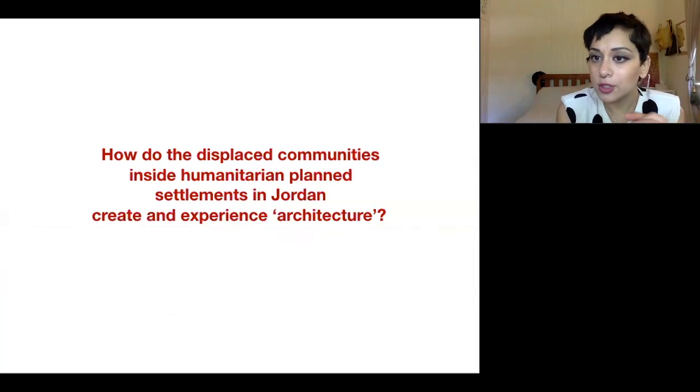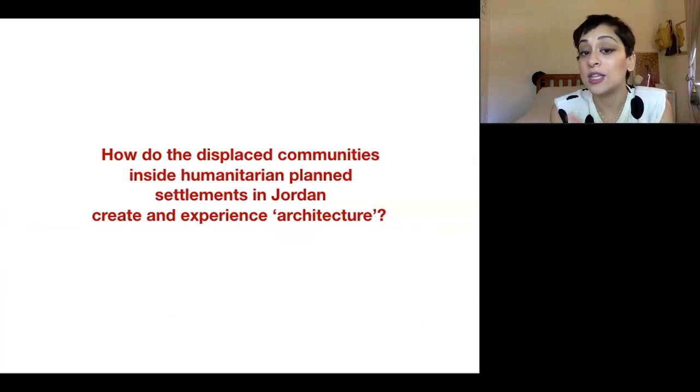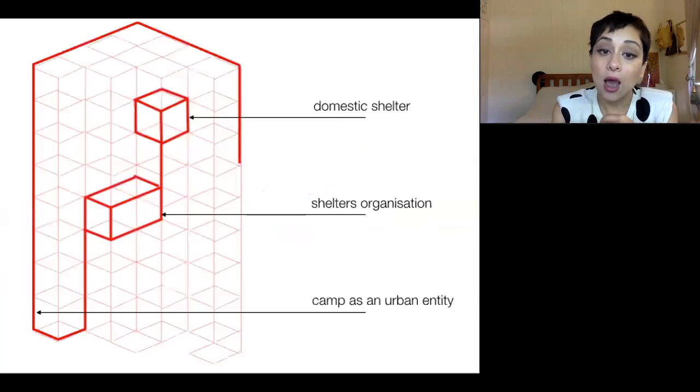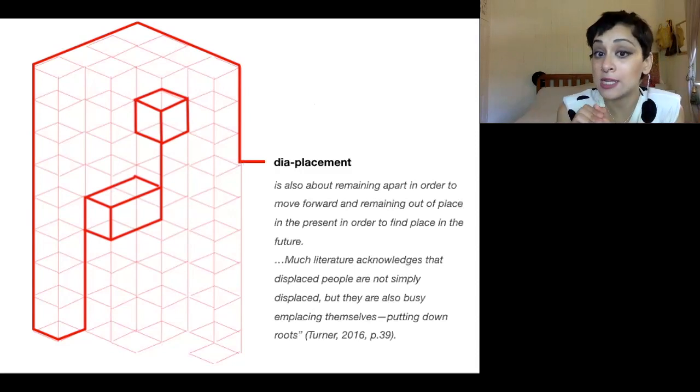So, to wrap up this very brief overview of a very complex research: how do displaced communities inside humanitarian planned settlements in Jordan create architecture? I believe they create it, or the proof that I could see, on three levels: the domestic, the shelter organization, and the camp as an urban entity by displacement.